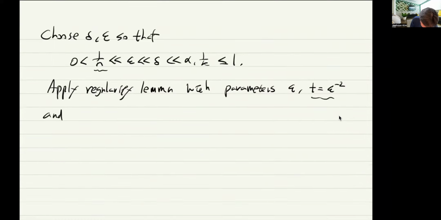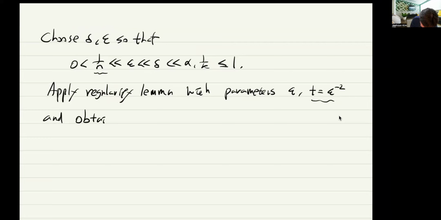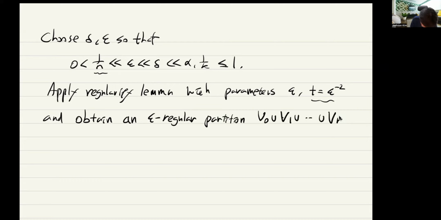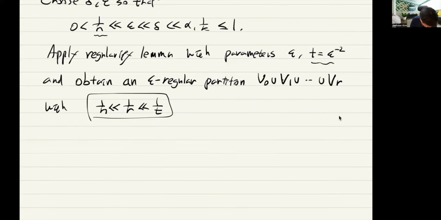And then we obtain an epsilon-regular partition B0, B1, ..., BR, with R still much smaller than n, but R is much bigger than what?